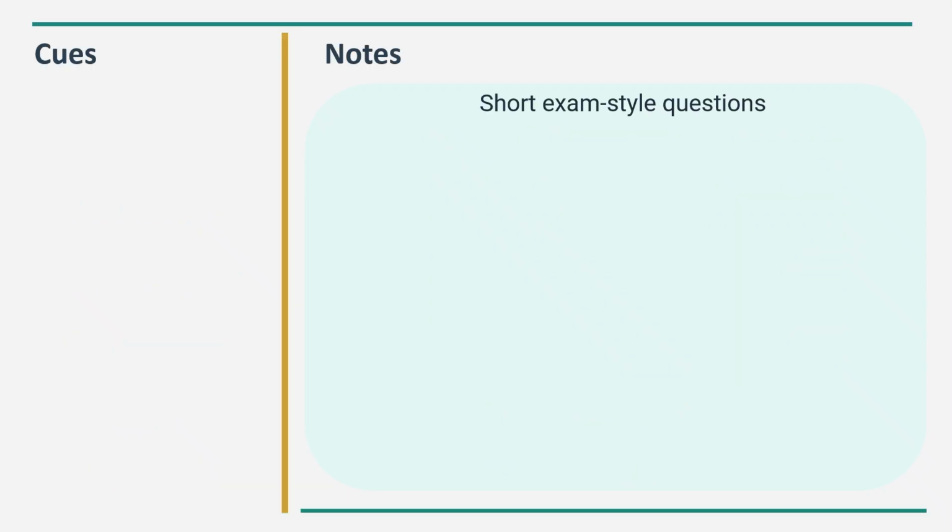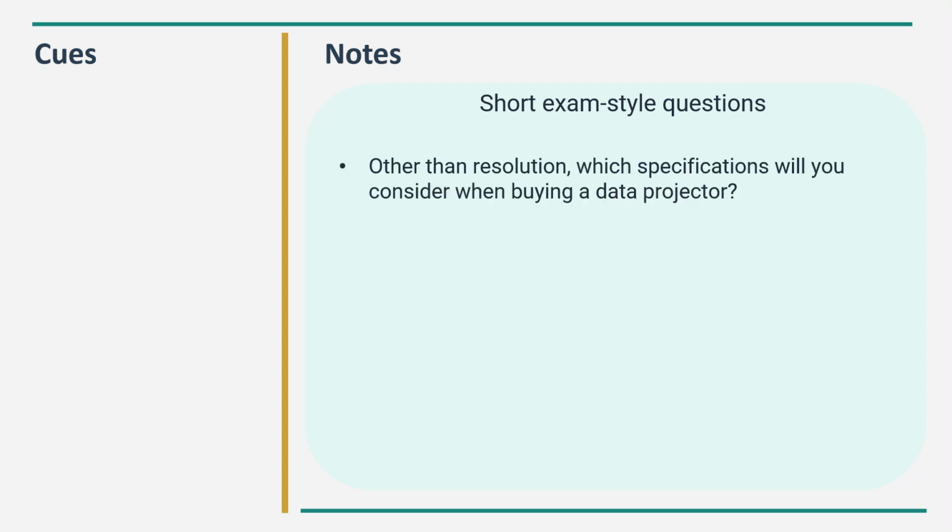Okay, time for the short exam style questions. Please pause the video after I've read the questions and write your answers in full sentences. Cheap, fast and easy won't award you any marks. So the first question: other than resolution, which specification will you consider when buying a data projector?